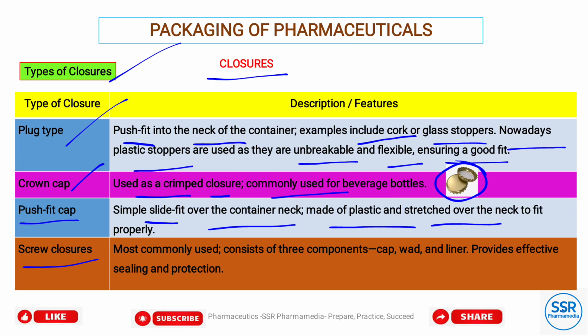Screw closures are most commonly used. They consist of three components: cap, wad, and inner liner, providing effective sealing and protection.